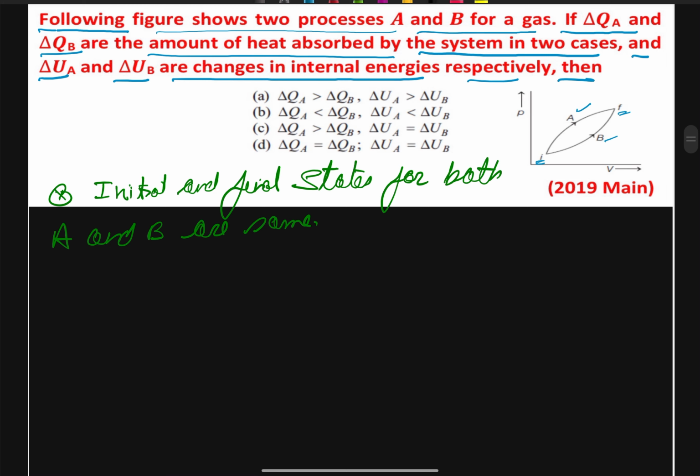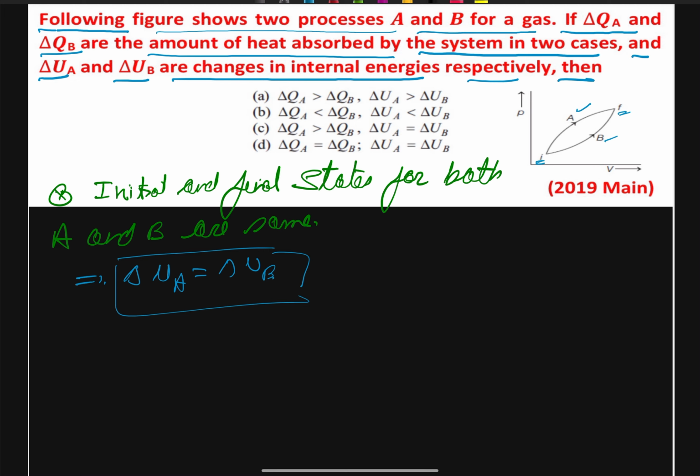So we can write that our delta UA is equal to delta UB. So this is a relationship between their internal energy. Now we come to the heat.